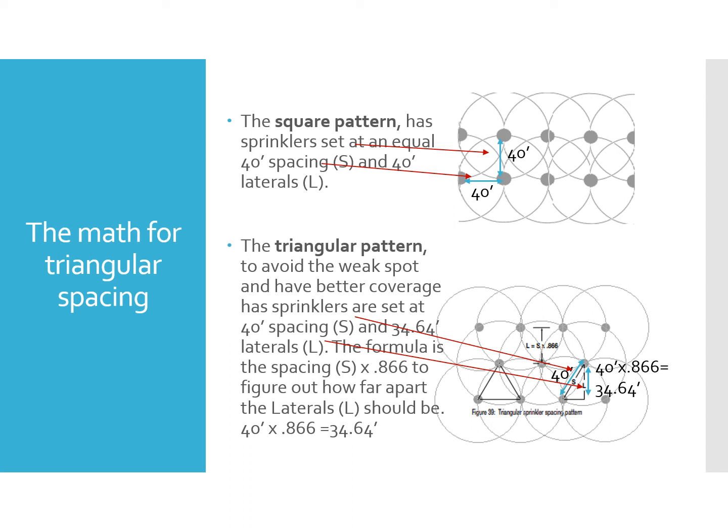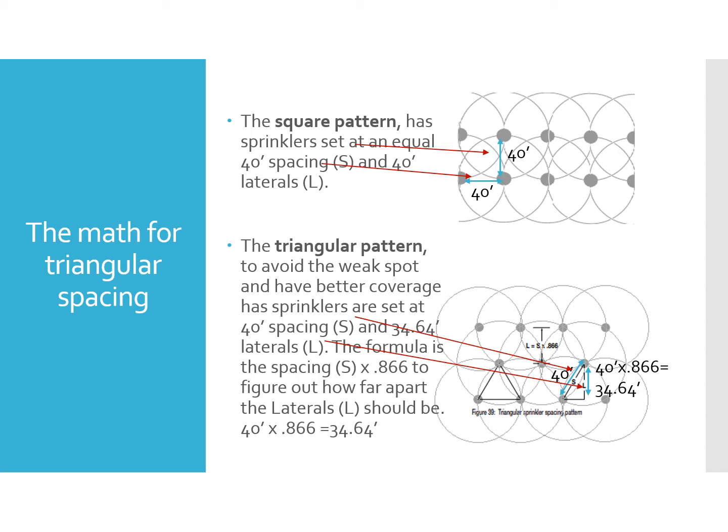So the triangular pattern, in order to try to avoid having that weak spot, there's a little bit of math involved of how to calculate where these sprinkler heads should be positioned. So in this case, what you're doing is you figure out your spacing.